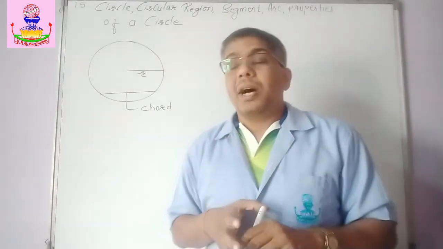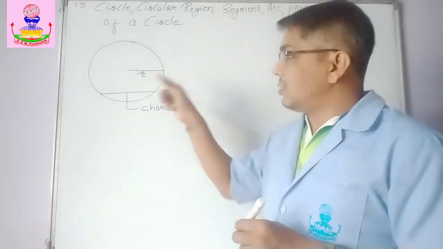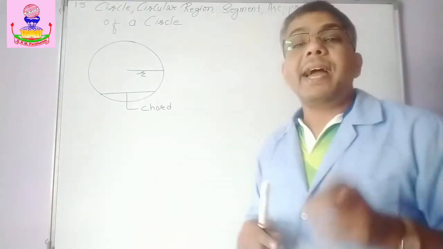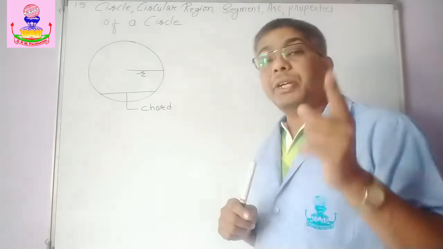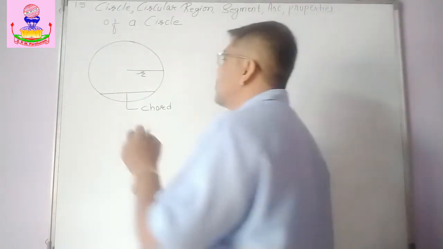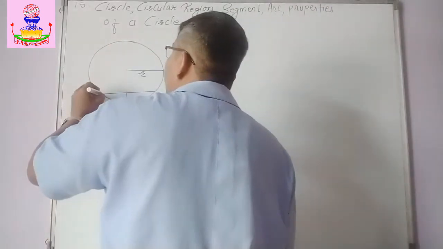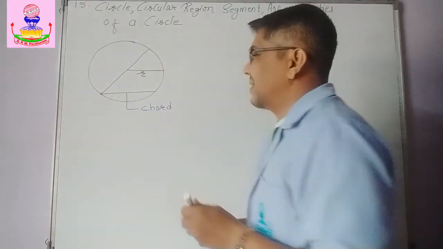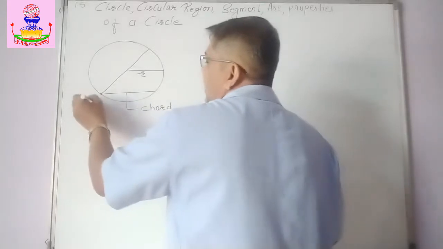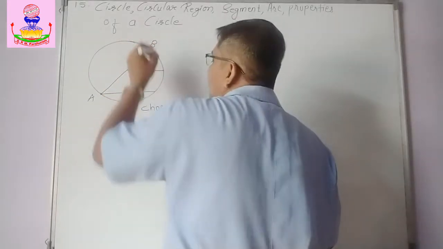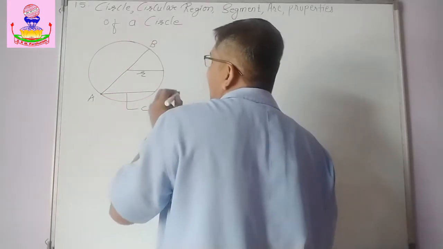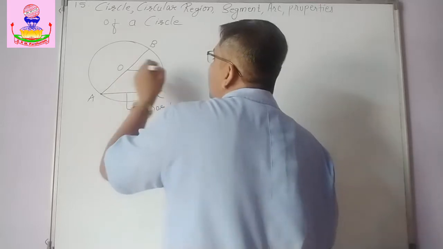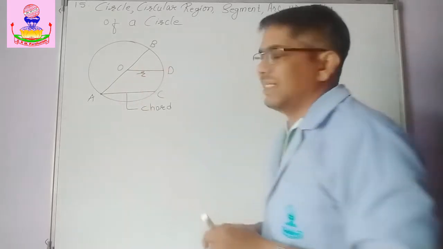Next, a segment which passes through the center of the circle and joins any 2 points on the circle is called the diameter of the circle. So here AB is the diameter, AC is the chord and OD is the radius.